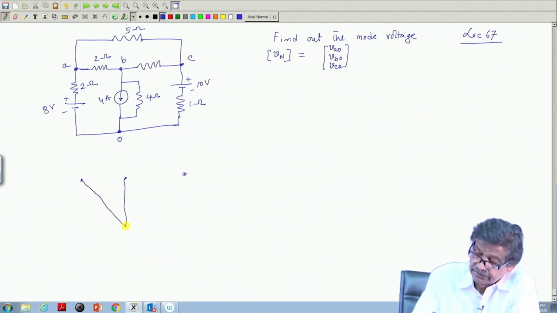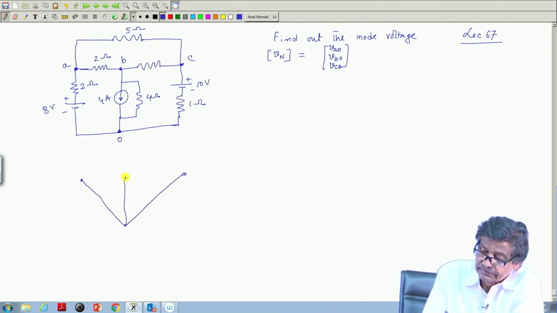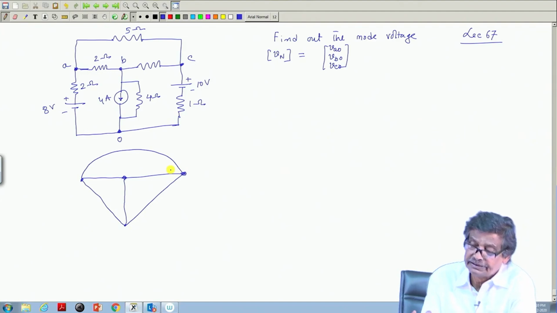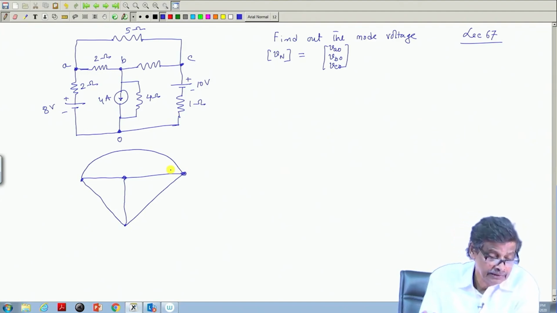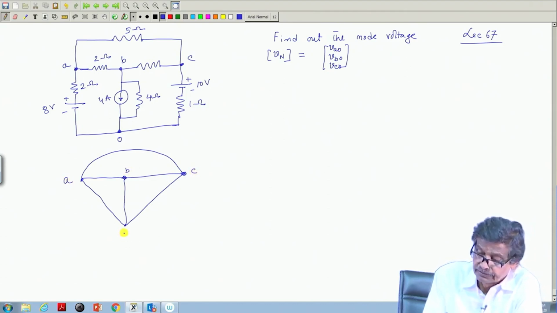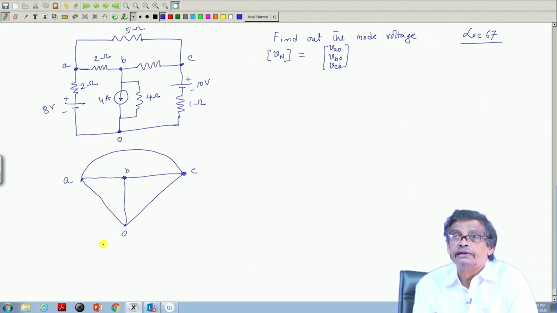This is also a single line like this, and these two are joined this way, and then this is the tree of the network. Name them. This is A, this is B, this is C, this is O.